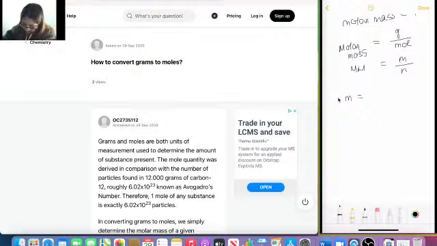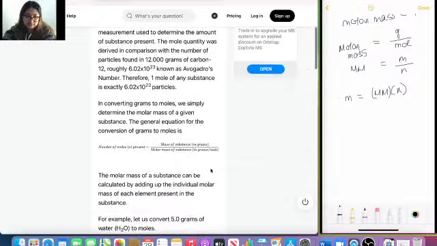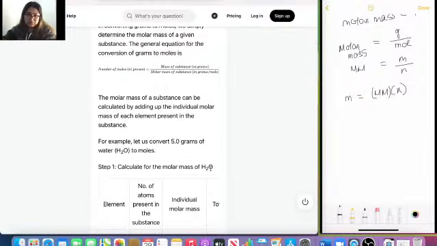We are just going to multiply molar mass times moles in this case, and this is how you find mass. So you can basically say mass is equal to molar mass times the number of moles. And you can also say to find the molar mass, you basically add up the individual molar masses of the elements present in the substance, right?